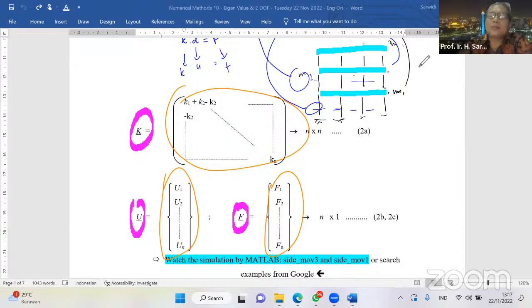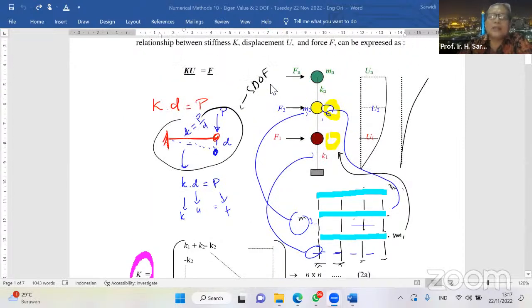If you do matrix operations, of course you will be familiar with solving simultaneous equations, for example by using Gauss elimination. So this is what we call matrix operation.